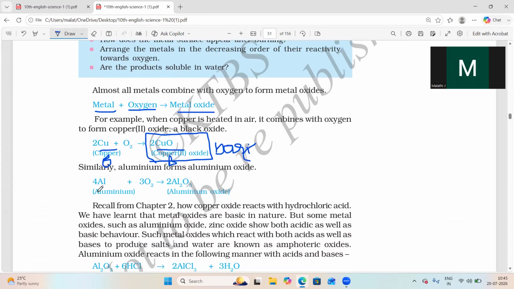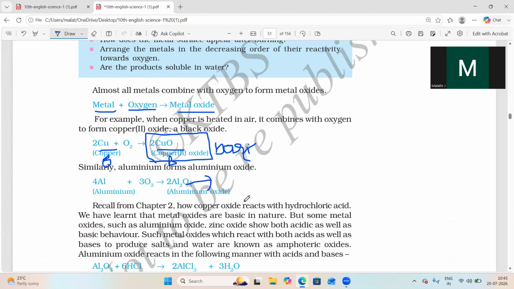One more example: if you take aluminium and it reacts with oxygen, you get aluminium oxide. As we are discussing above, all metals react with oxygen and give a product that is a basic metal oxide.